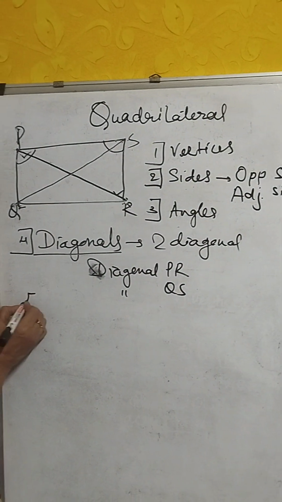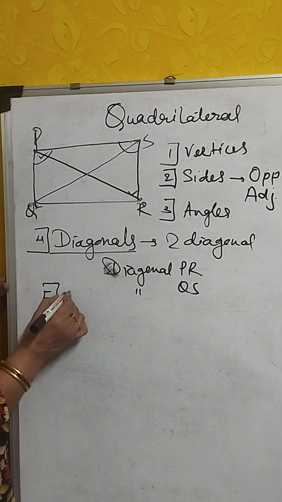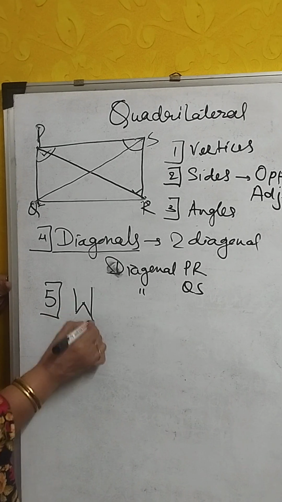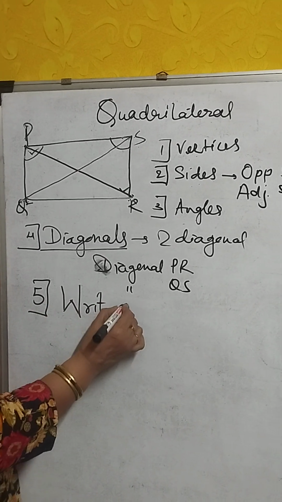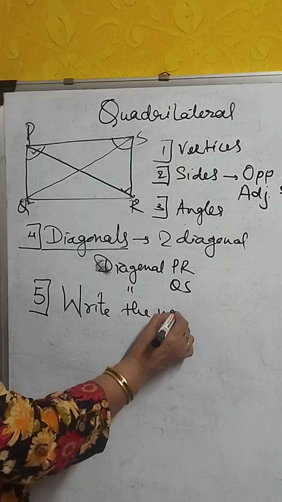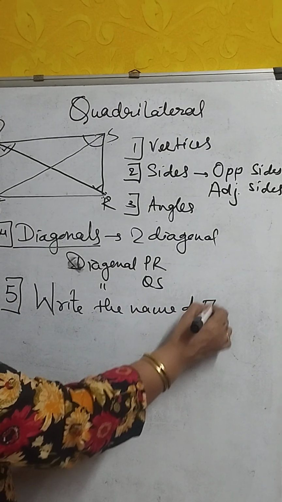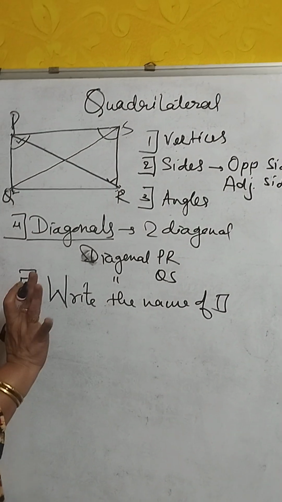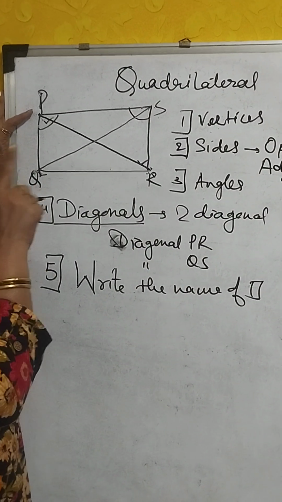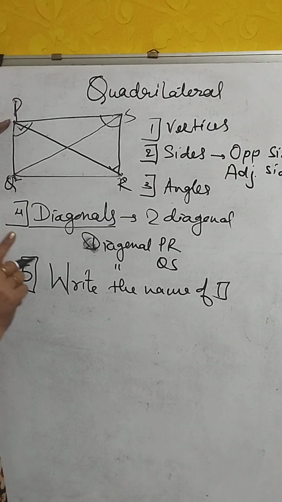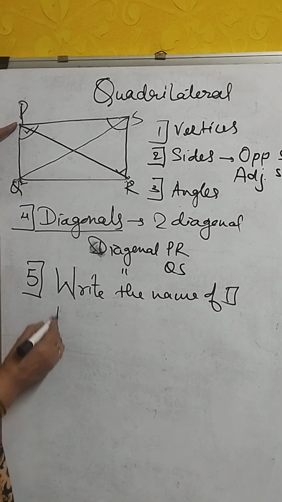And my last point of the lecture is how to write the name of the quadrilateral. Write the name of the quadrilateral. See, very important. How to write the name of the quadrilateral? See, we can write eight ways the name of the quadrilateral. How?